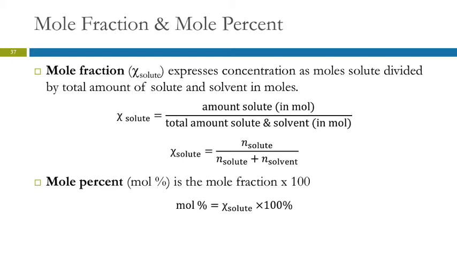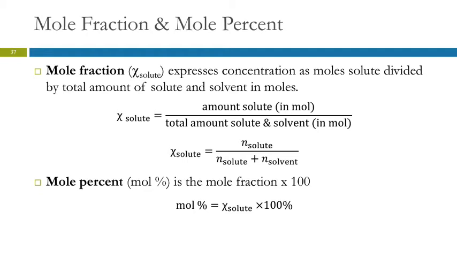Mole fraction. We used mole fraction when we did mixtures of gases. It's the same idea here. So mole fraction is given the symbol capital chi. The mole fraction is the moles of solute divided by the total number of moles.